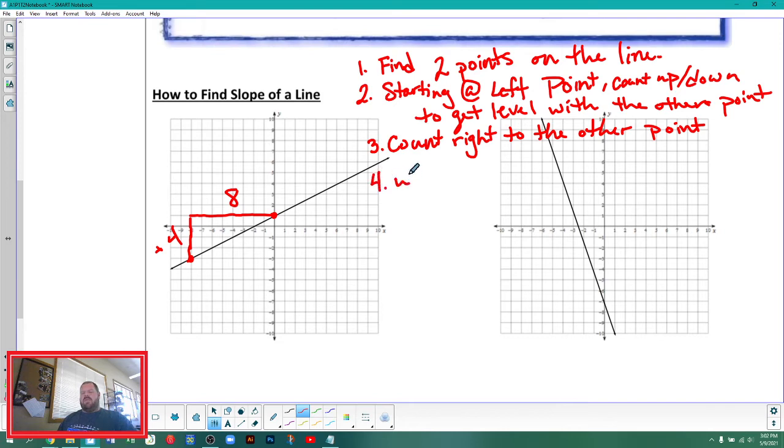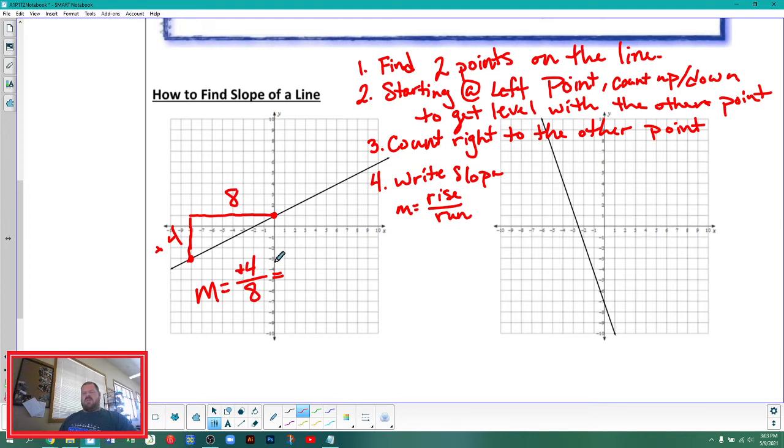And then step 4, we're just going to write our slope, where m is equal to the rise over the run. Or in my analogy, number of floors over number of doors. I think of floors and doors. I had to go up 4 floors and over 8 doors, so I'm going to go up 4 over 8.